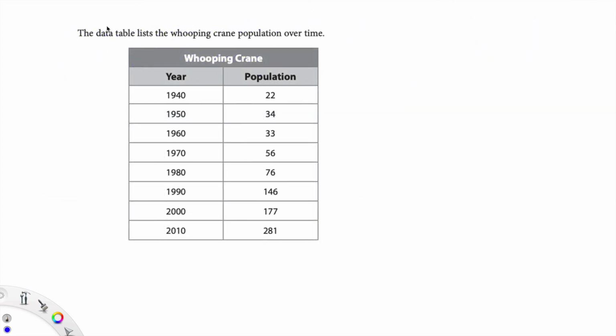So here's another real-world situation, and our task here is to decide if this is going to follow a linear, a quadratic, or an exponential pattern. We think it may be quadratic because the data comes in at even increments, and you notice that the population doesn't grow in a linear fashion.